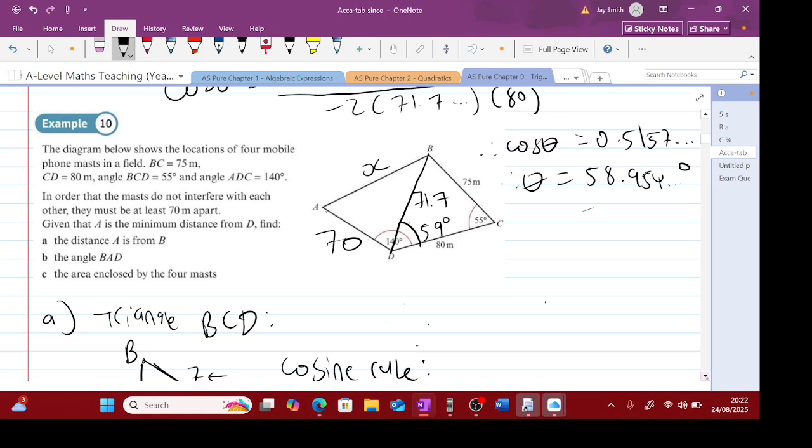So that's 59 degrees. Now I can work out this angle, angle ADB, which is part of the 140 angle. That's going to be 140 take away the other angle.